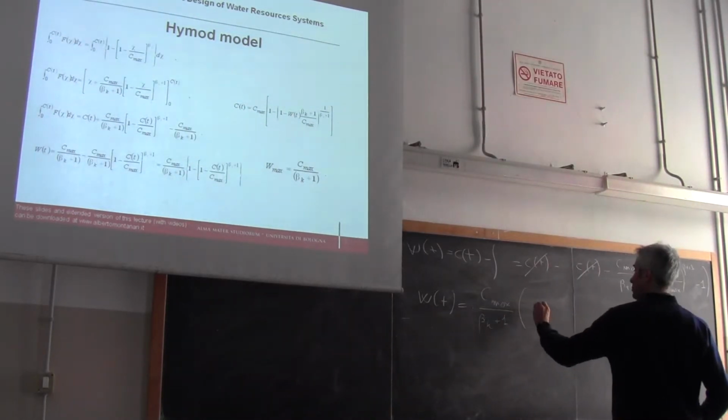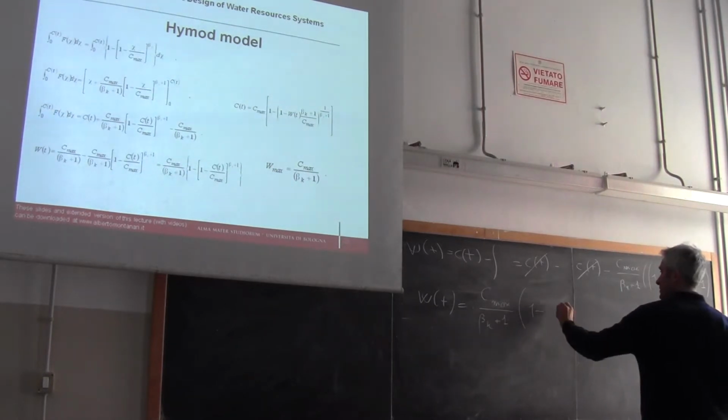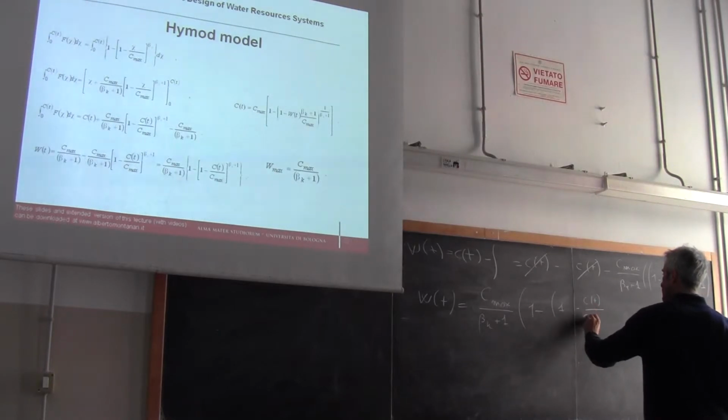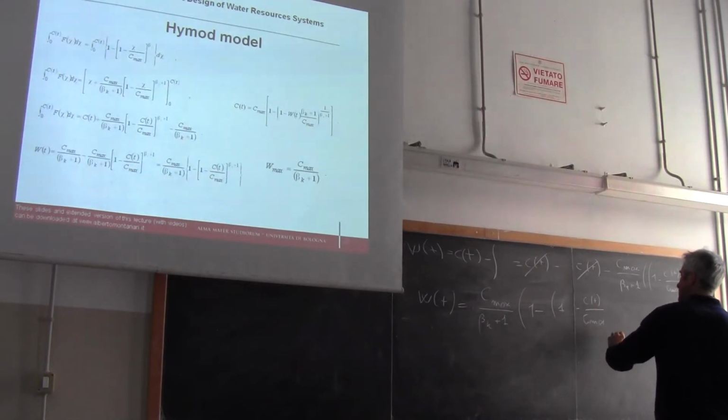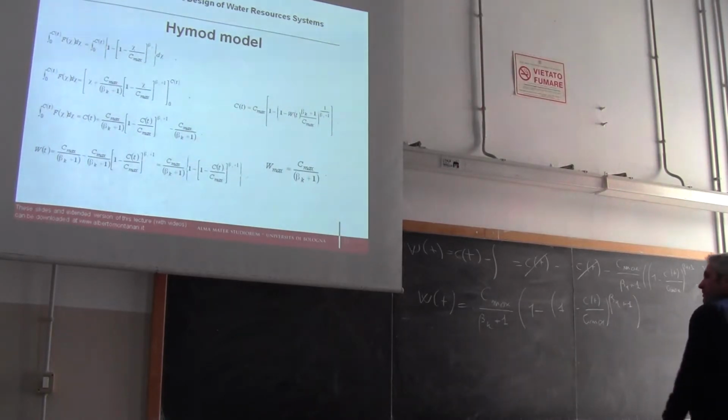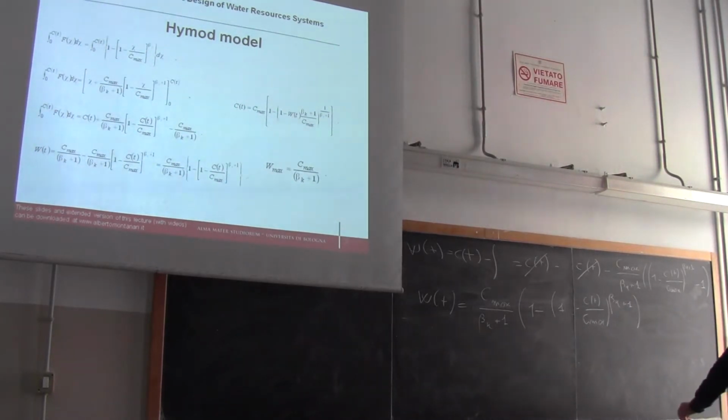And then we get 1 minus Ct divided by Cmax to the power of beta k plus 1. Good. This is our target.